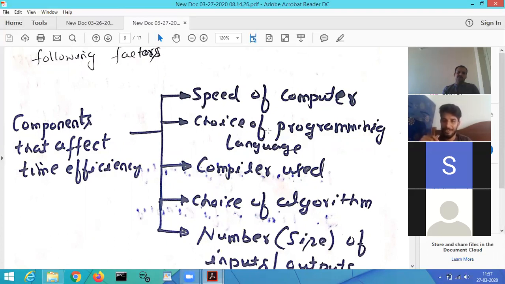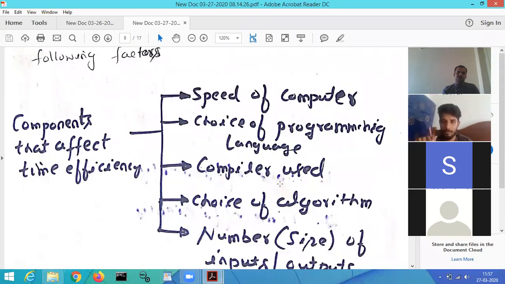Then some persons may use the Python programming language for implementing Euclid's algorithm. Another person may use C++ or Java. Then some person may use the Turbo C compiler, or another person may use the Borland C compiler.